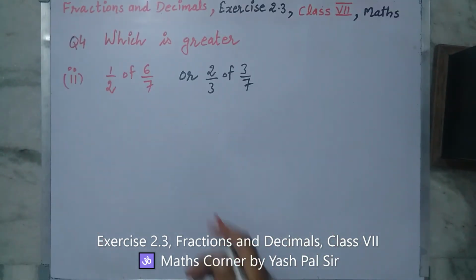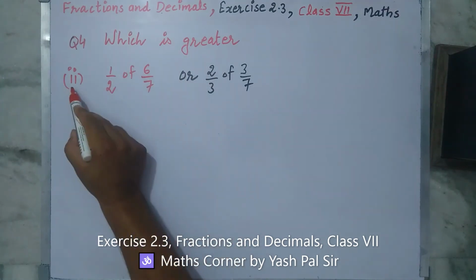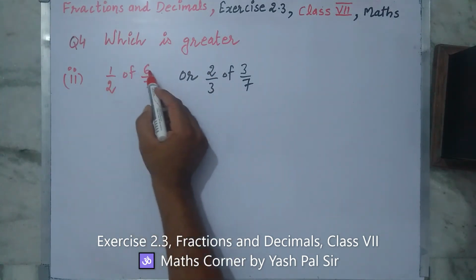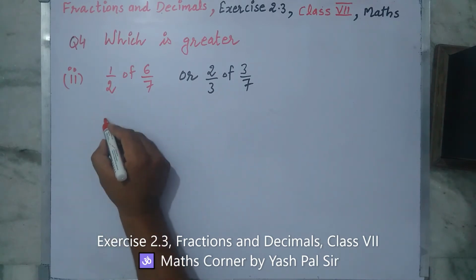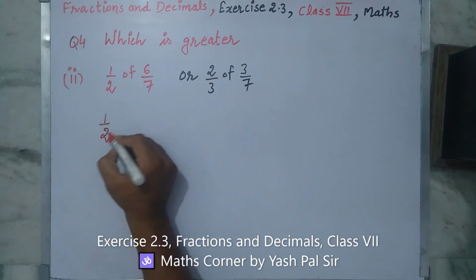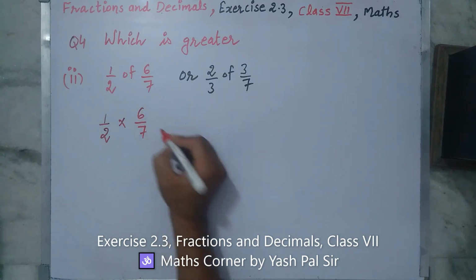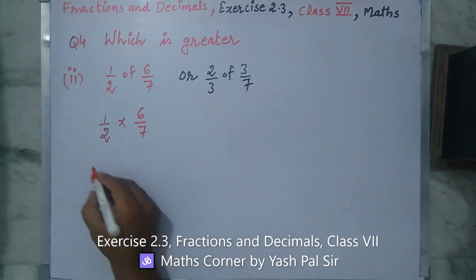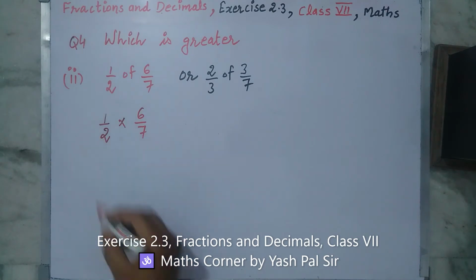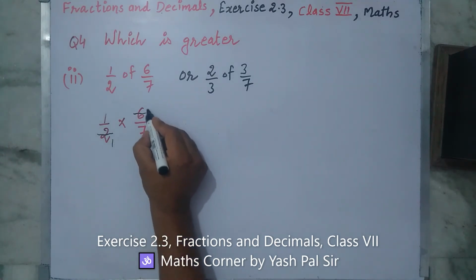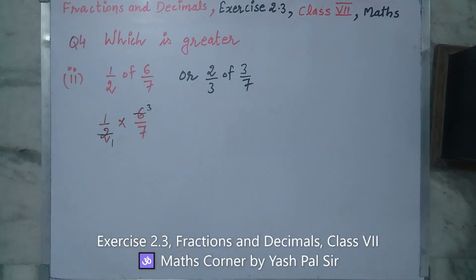Now coming to the next part. Which is greater, the second part: 1 by 2 of 6 by 7? We can write this as 1 by 2 into 6 by 7. First of all, what can we do? 2 ones are 2, 2 threes are 6.